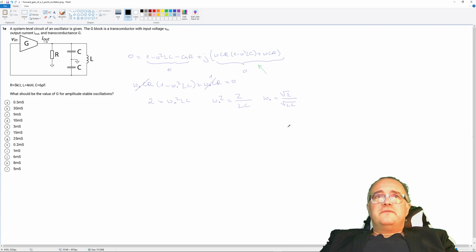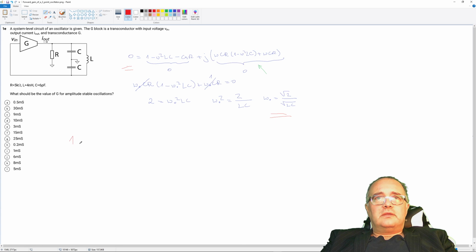This is the frequency of oscillations. Now we consider that for this expression to be 0, the real part should also be 0. For omega, we will use the expression for the frequency of oscillation.